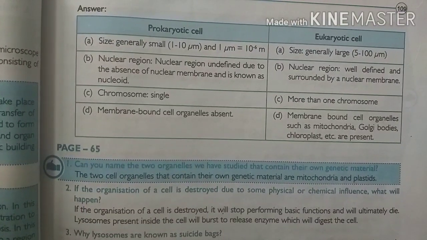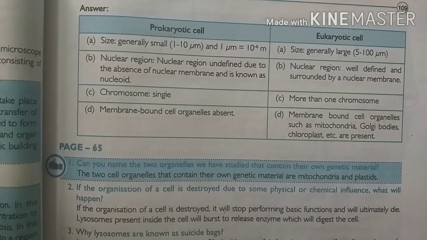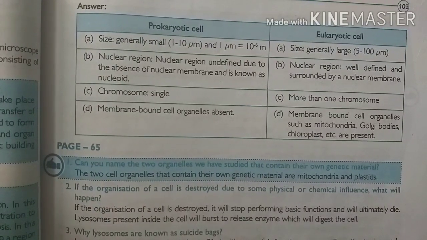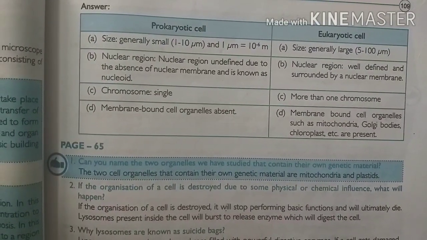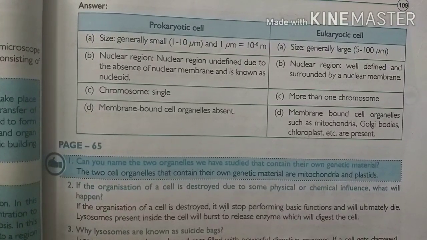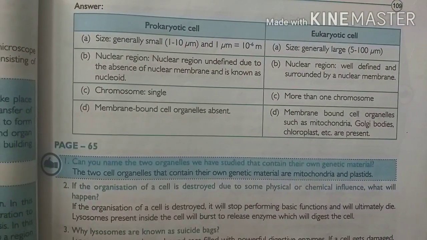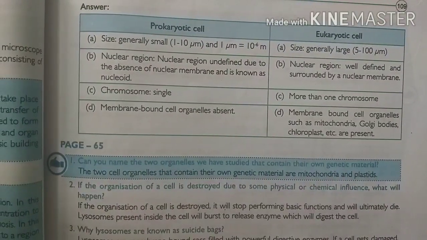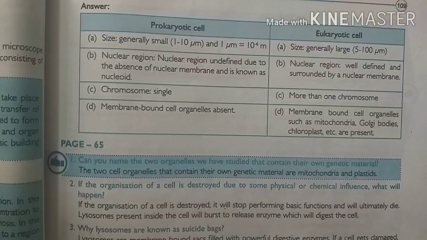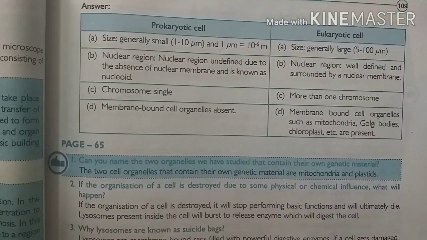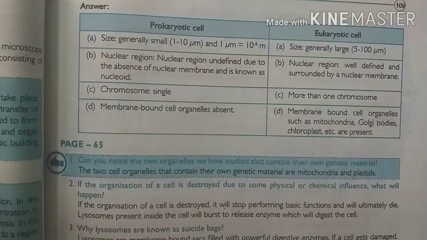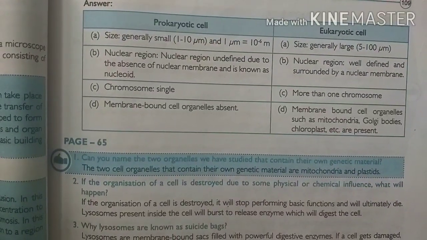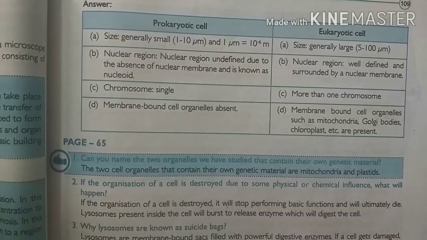Then nuclear region is not well defined because nuclear membrane is absent, so it is called nucleoid. In eukaryotic cell, nuclear region is well defined, surrounded by a nuclear membrane. Chromosome is single here, chromosomes are more there. Membrane bound cell organelles are absent here, and present there, such as mitochondria, Golgi bodies, chloroplast, etc.